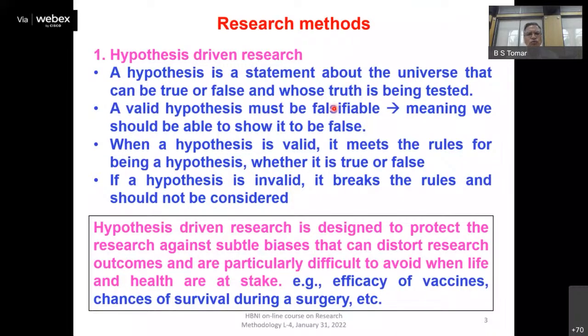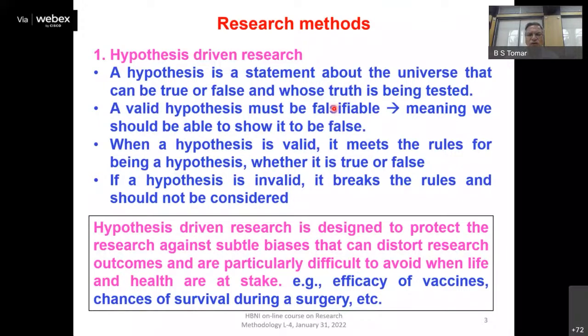So we should be able to show that the hypothesis can be falsified or not. And when we say that the hypothesis is valid, then it meets the rules for being a hypothesis. That means we can carry out the research using this as a hypothesis, irrespective of whether it is true or false. That is immaterial, but the hypothesis should be valid.